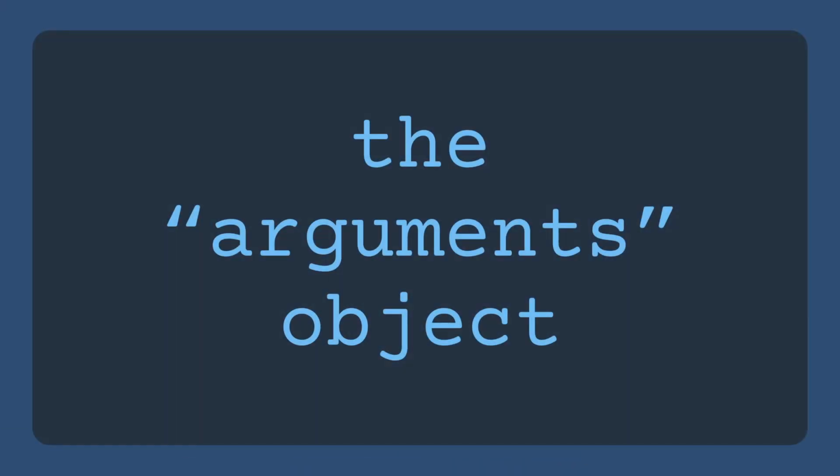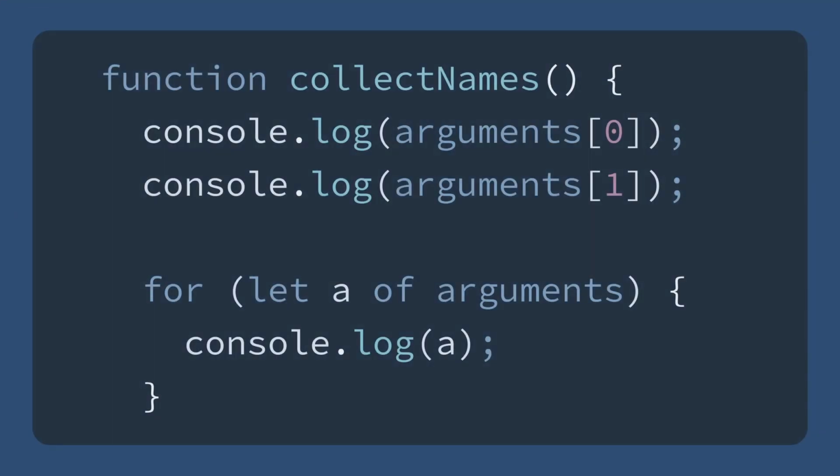The arguments object. One specific place where the word argument shows up in JavaScript is the arguments object. This is a feature in JavaScript where anytime you're inside of a function call, there's a magic variable that exists called arguments. It's a variable that basically contains an array of the current arguments to the function.